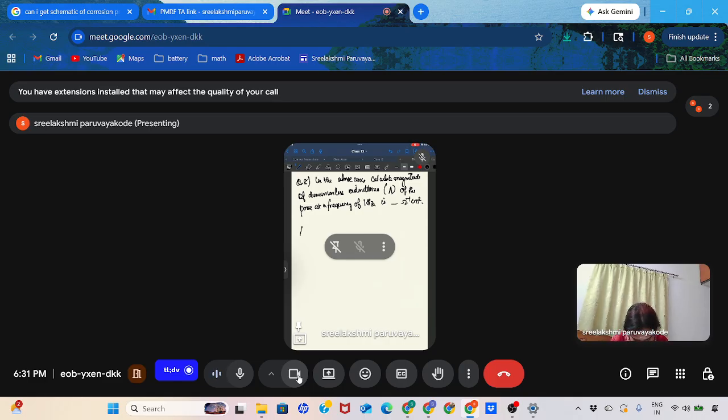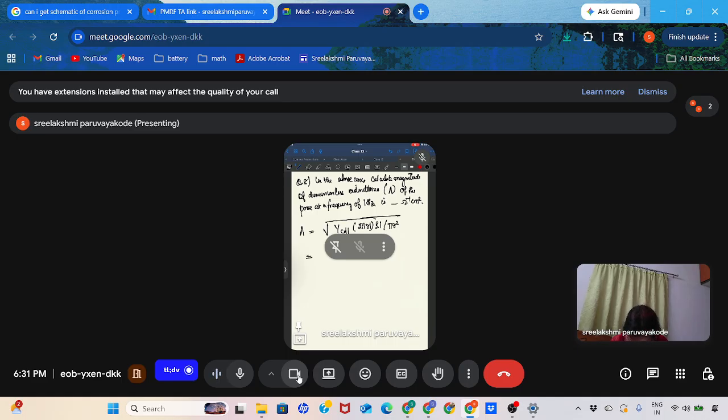So here, to find the dimensionless admittance, the formula is Y = CDL times 2 pi R L by rho L by pi R square.